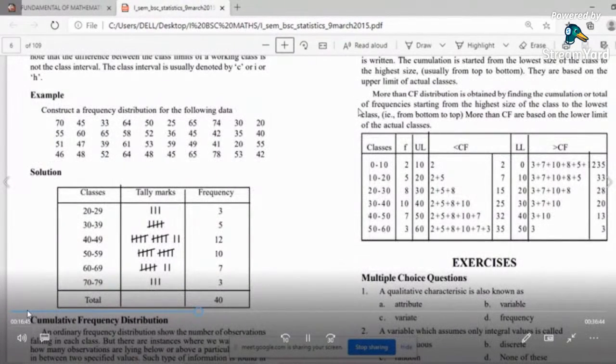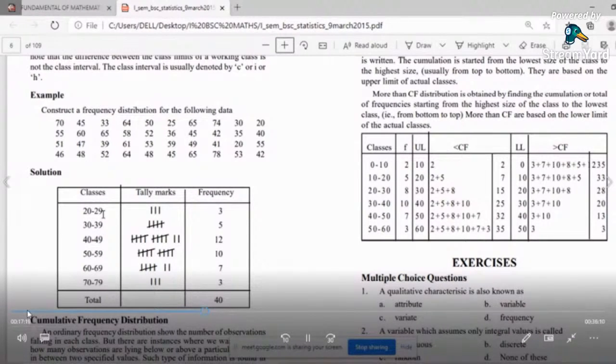Here the classes are given, data is given like this: 70, 45. Let it be continuous data, 74. Let it be marks or temperature or whatever it is. Only data is given. So consider this example: 70, 45, 33, 64, 50, 25, 65, 74, 30, 20, 55, 60, 63, etc. So you can prepare classes for that.